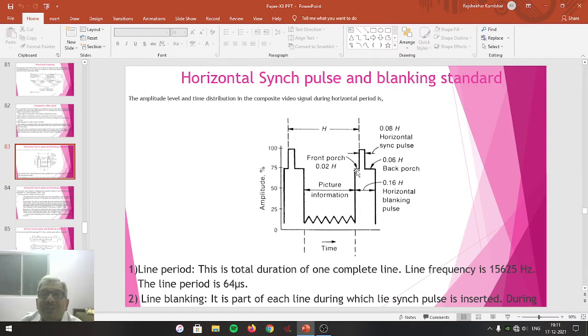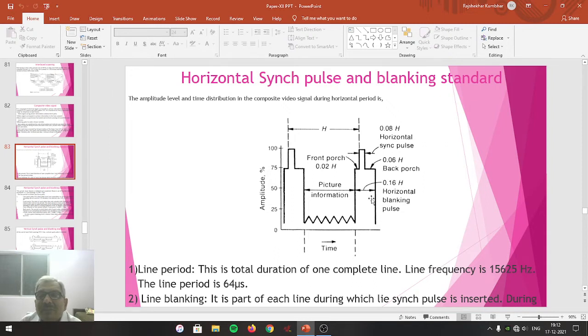After the front porch, the signal suddenly rises up to the 100% black level, and then it returns back to the minimum. This is known as the sync pulse. After that, the retrace period is completed within the back porch.